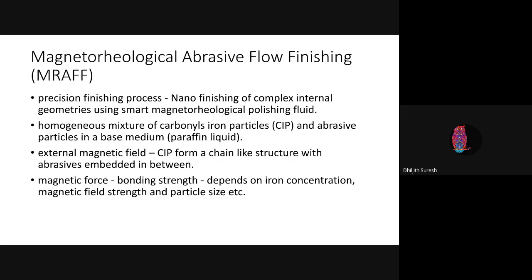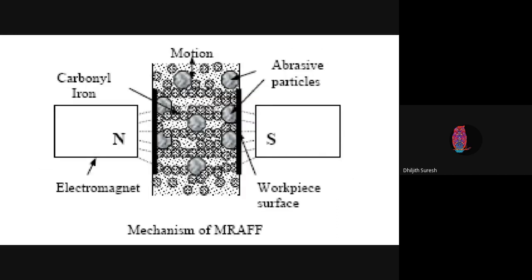So you will see the figure here. You can see the magnetic field is being applied between the north and south poles. Here an electromagnet is being used. The workpiece surface is shown here using the black surface, and the abrasive particles, the large particles, you can see.